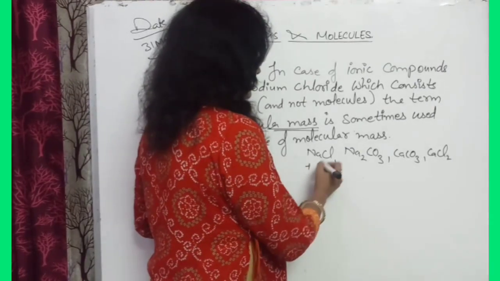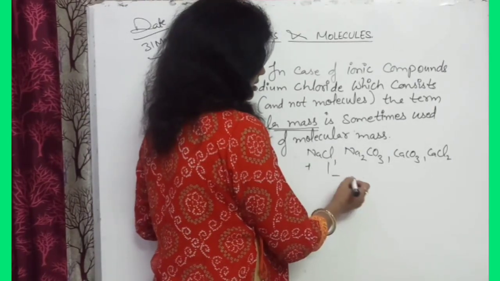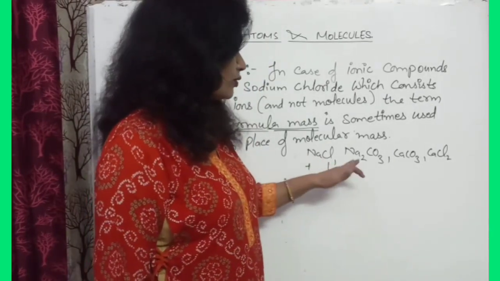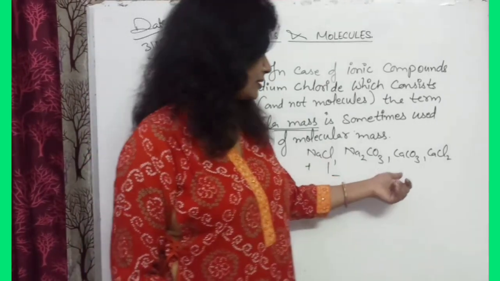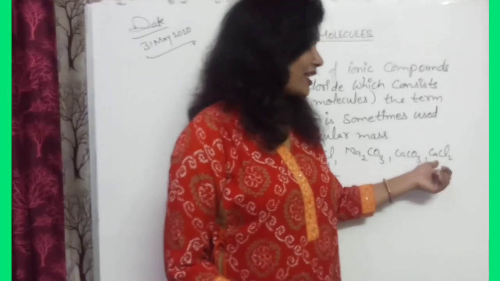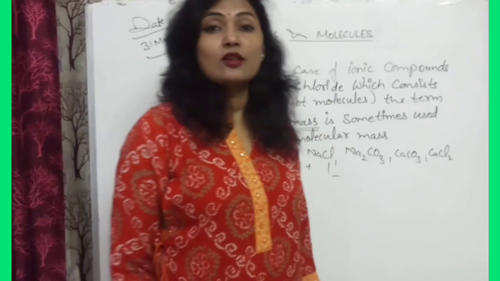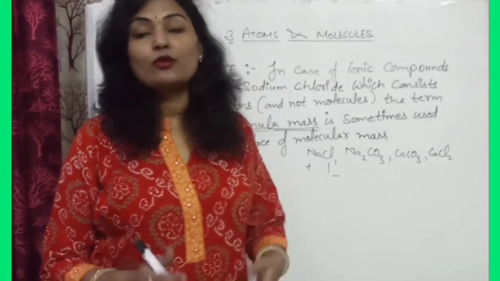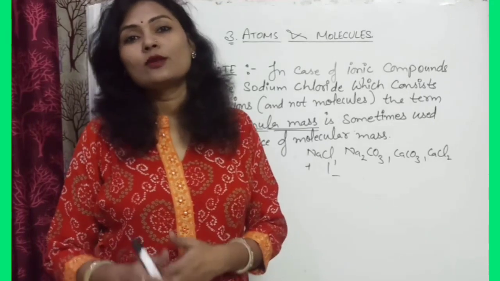This is the cation, next is the anion, chloride ion. So sodium and chloride ions are present here. Here carbonate ions are present. Calcium and carbonate ions are there. Here calcium and chloride ions. So these are the ionic compounds. That's why we are using the term formula unit mass.